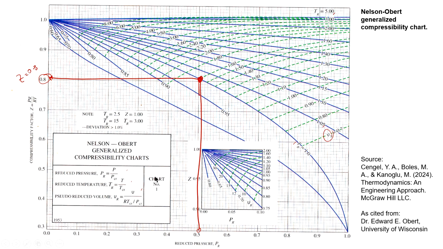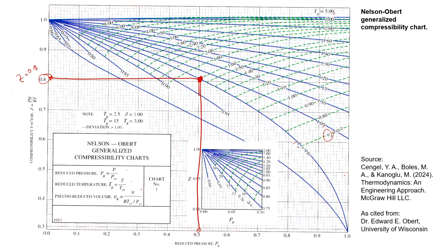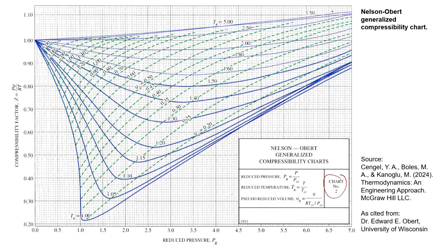Here is chart number 1, and there is another chart, chart number 2. The difference is the range of the reduced pressure. In chart number 1 it is 0 to 1.0, and when using chart number 2, the range goes from 0 and 1.0 all the way to 7.0.